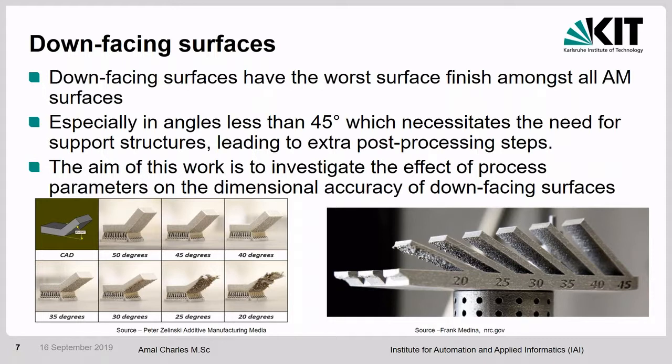Our aim is to investigate the effect of process parameters for down-facing surfaces so that we're able to print lower-angled surfaces with fewer surface defects and better accuracy. Why? Because we want to pretty much remove the need for building support structures, which necessitates further process steps. In one way, we hope to contribute towards improving the productivity of the process this way.